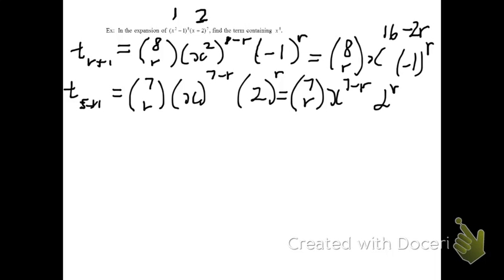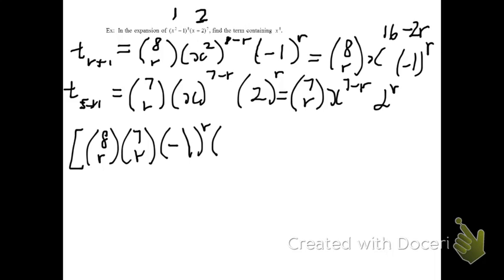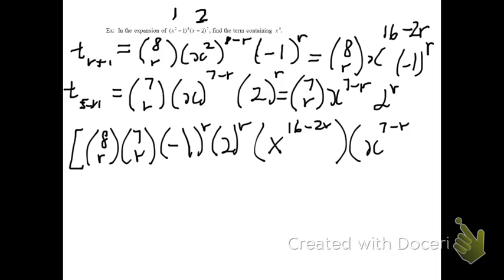So what we're looking for is 8 choose r times 7 choose r times, I'm going to put the numbers first, I think it will be easier, negative 1 to the r times 2 to the power of r, times x to the power of 16 minus 2r, times x to the 7 minus r.